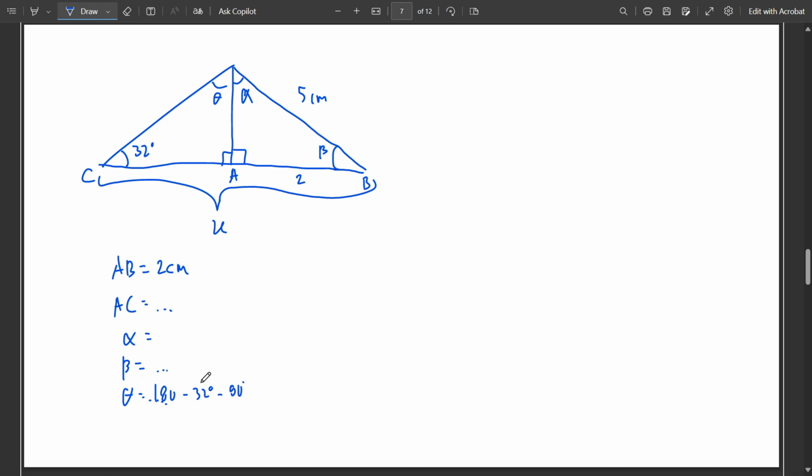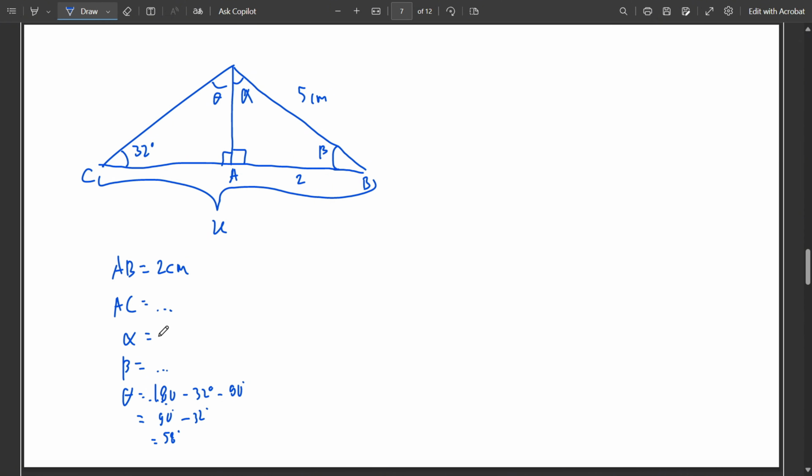We have here 90 degrees minus 32 degrees, which gives us 58 degrees. So our theta here is 58 degrees.